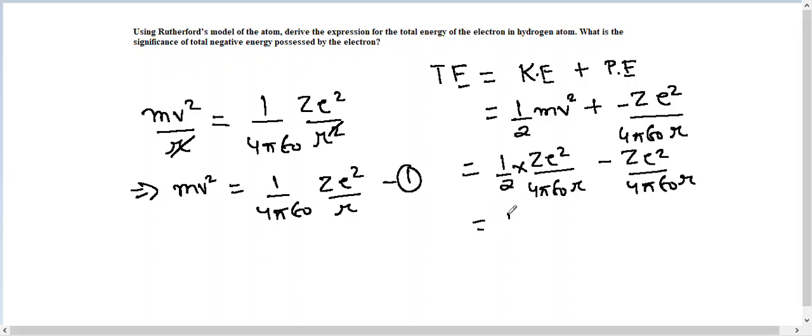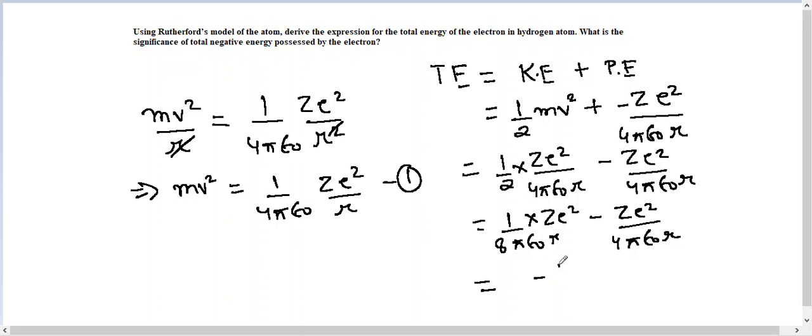So it is 1 upon 8 pi epsilon naught r Z E square minus Z E square upon 4 pi epsilon naught r. So finally we're going to get our answer as minus 1 upon 8 pi epsilon naught Z E square upon r. That's the value of the total energy.